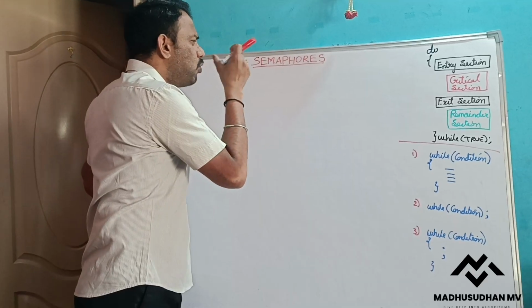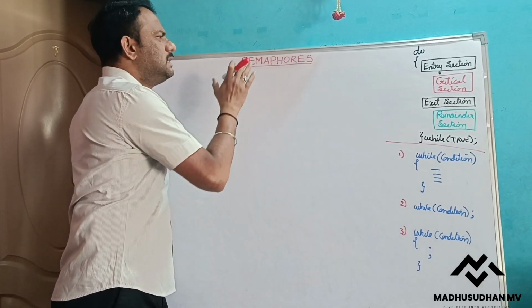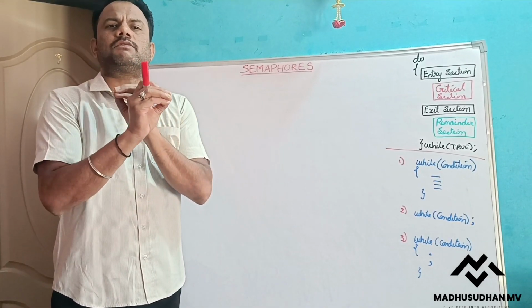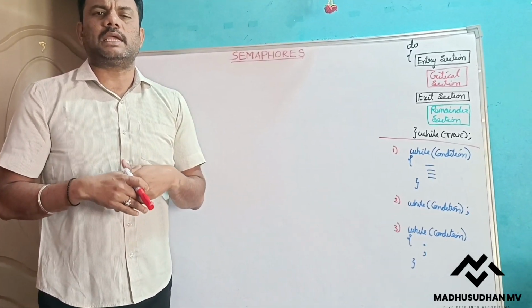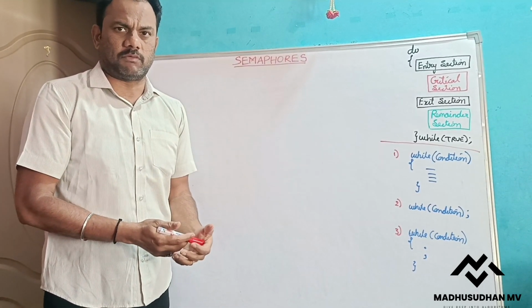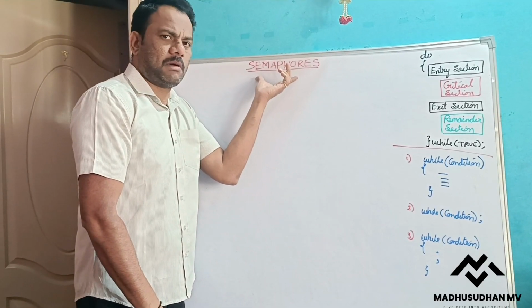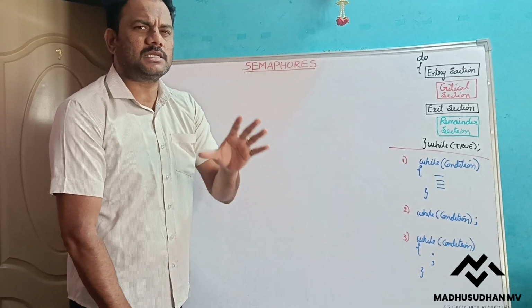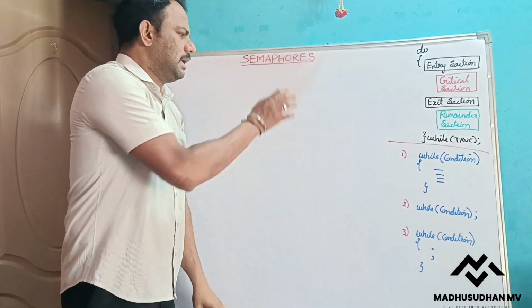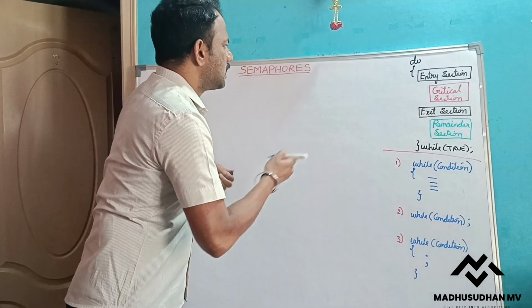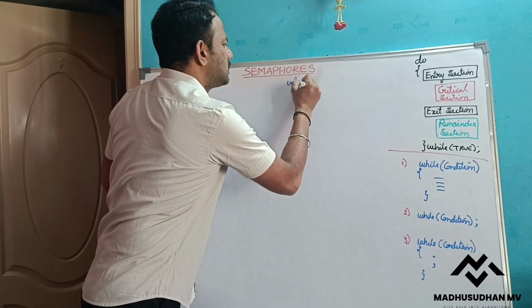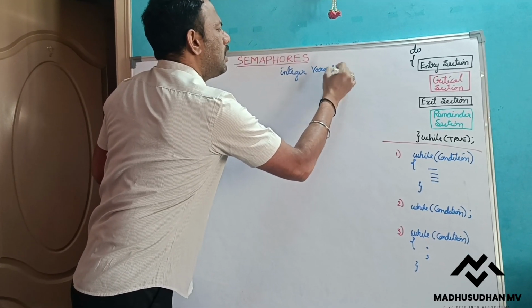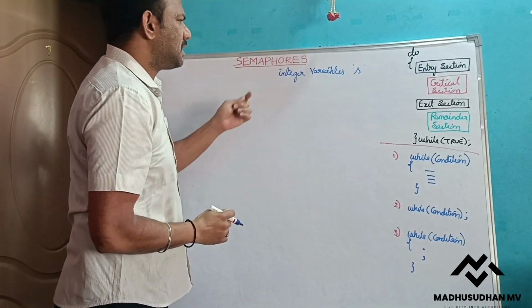Semaphores are basically just an integer variable. That's it, like how we use int a, b or int x, y. These semaphores are just integer variables, but not ordinary integer variables.